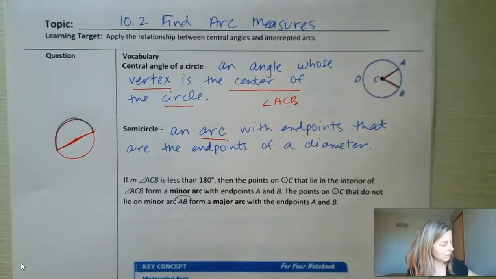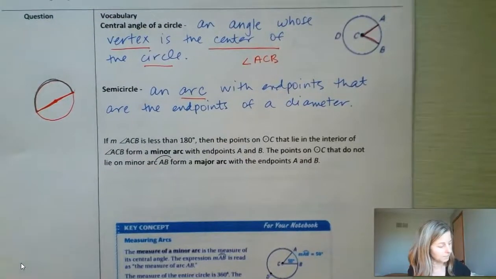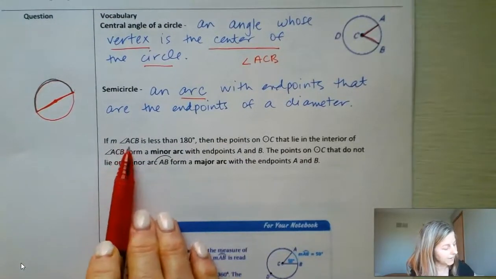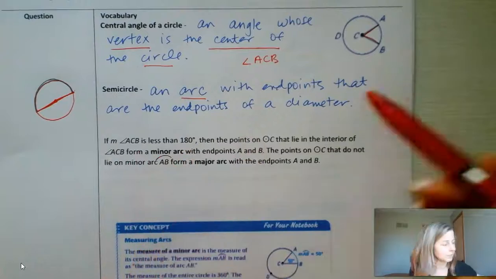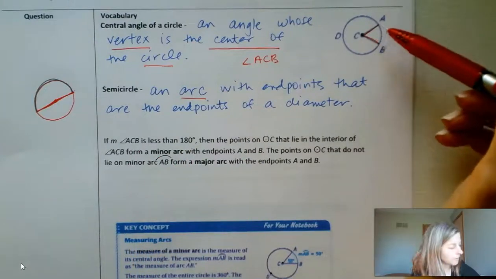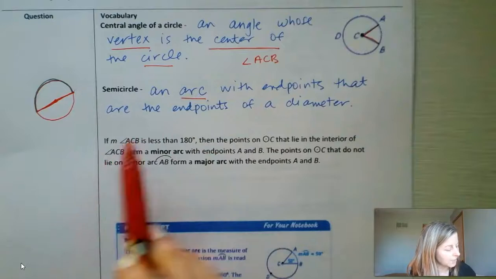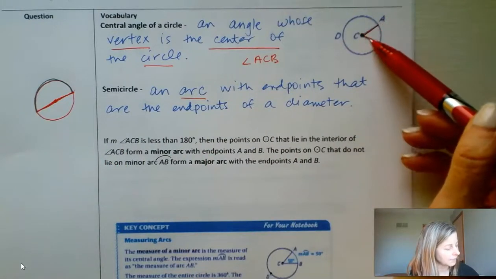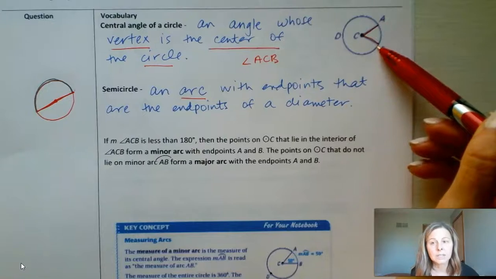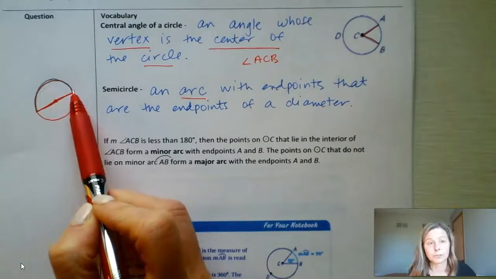Moving on to this next piece in the middle here. If the measure of ACB is less than 180 degrees, so let's actually use this picture up here. This is talking about the angle ACB, and I can tell that that is less than 180 degrees. 180 degrees is halfway around your circle.